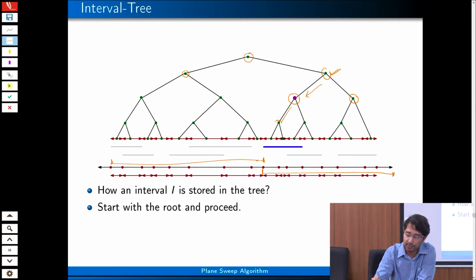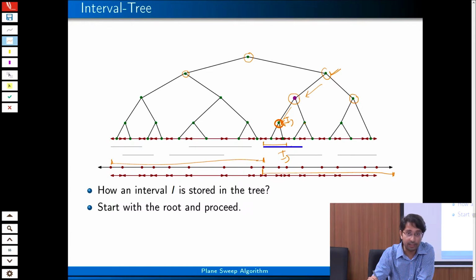When I reach here, I am trying to find out the interval at this node. What is the interval at this node? Is this interval contained in the blue interval? Yes. So here I will store this blue interval. So this is interval j, so I will store ij. Now I go left, go right. Come here.